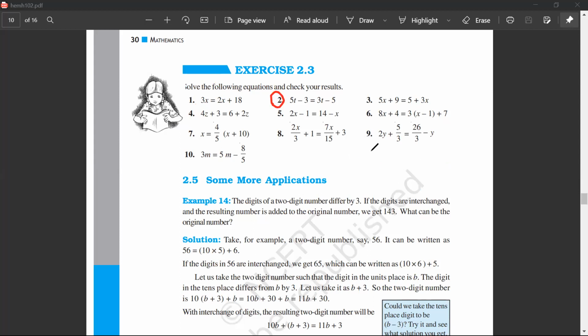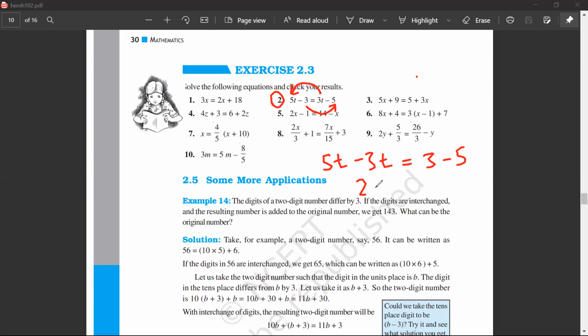Mr. Sarthak, question number 2. So we'll move 3t to the other side of the equal to, and it will become minus 3t. Then minus 3 will go to the other side.